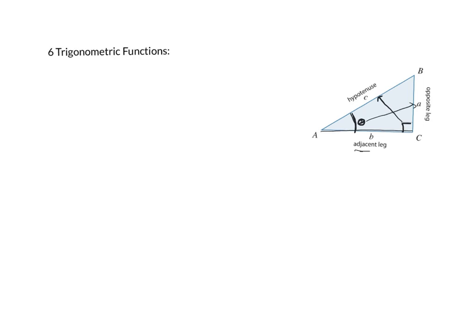We're going to look at the 6 trigonometric functions and how they relate to a right triangle. One thing you might remember to help remember this is SOHCAHTOA. That helps us look at sine, cosine, and tangent and how they relate to a right triangle.